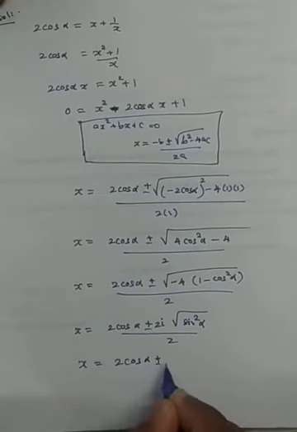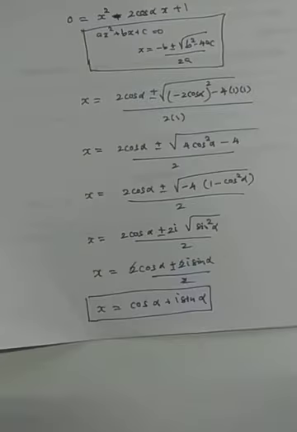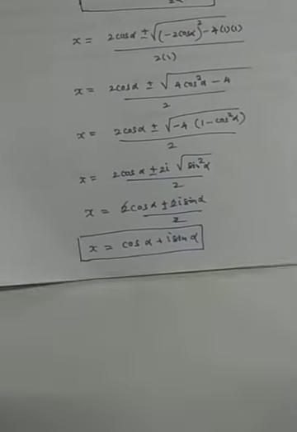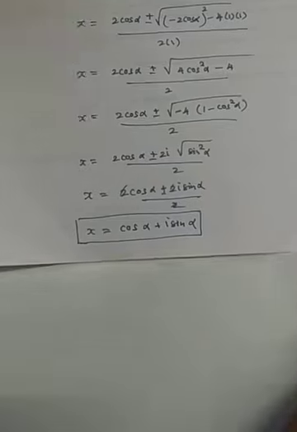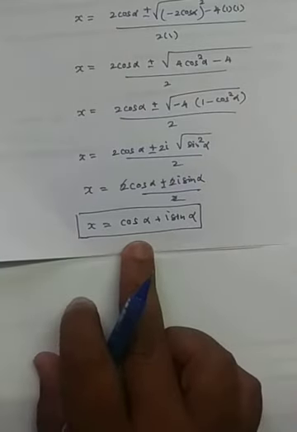Okay, I will take one fresh page. Is it clear what I am trying to do? Now you can see the x value we got is cos alpha plus i sin alpha.